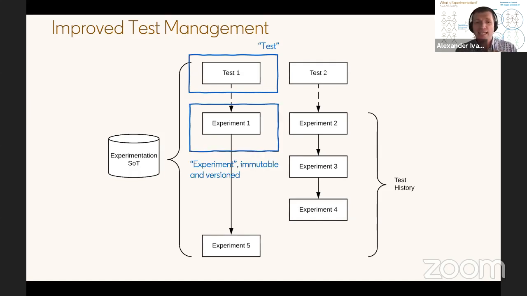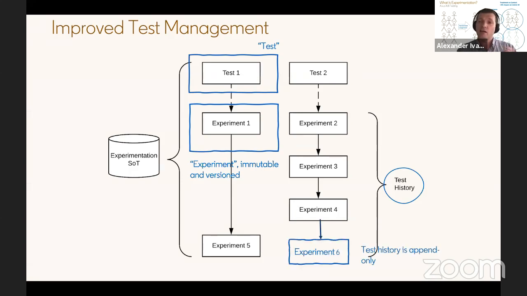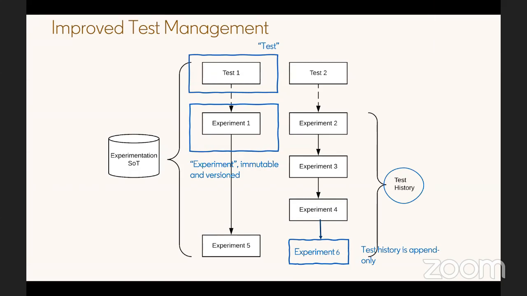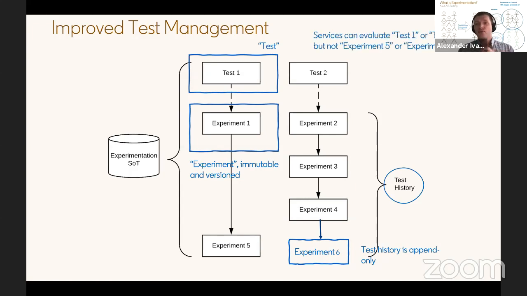And an experiment is an immutable and versioned entity in the system. And a series of experiments essentially constitutes a test history. And since they are immutable, the only way to modify a test state is just to add a new experiment. And the code base that runs A/B testing does not have any idea about what experiments are.